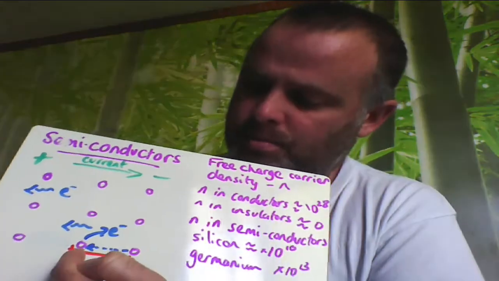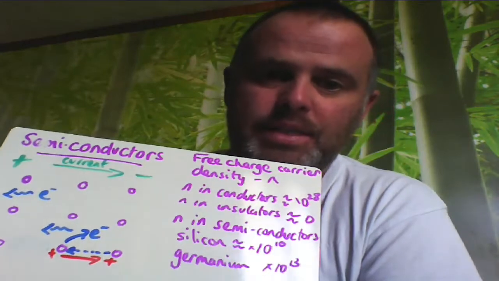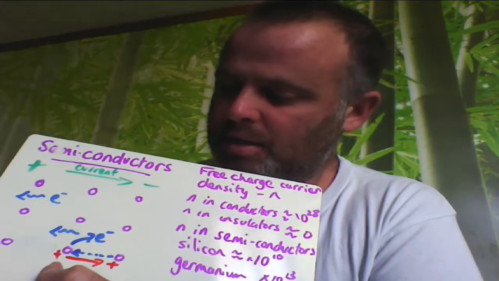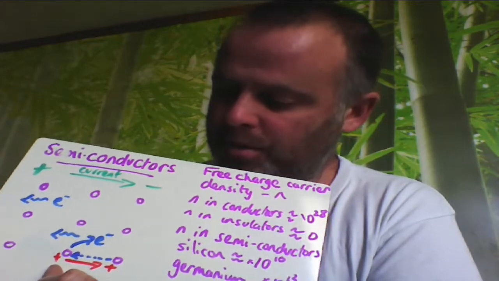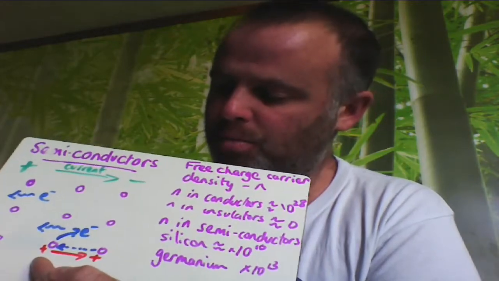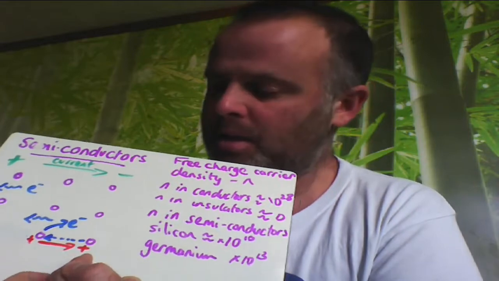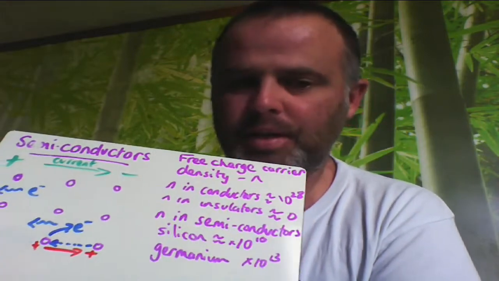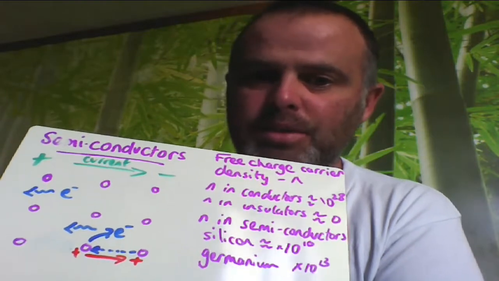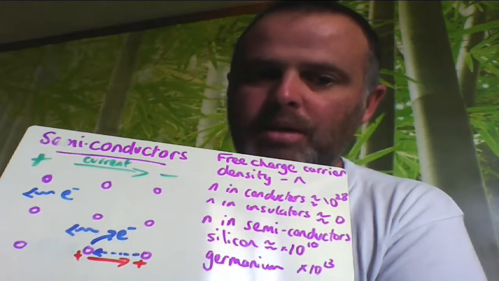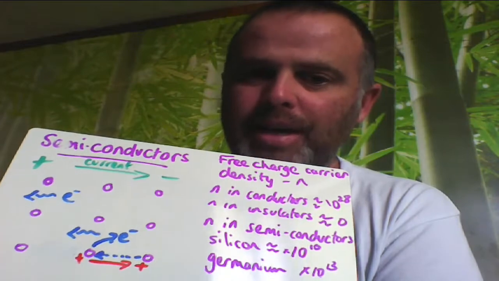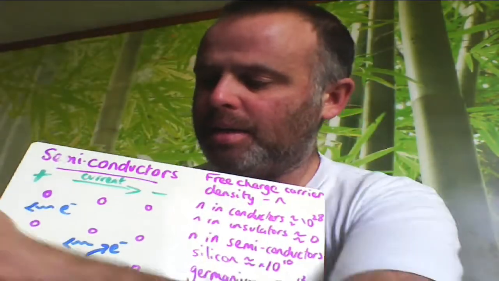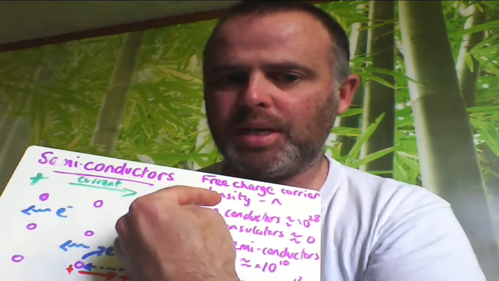positive hole, because it doesn't really exist, it's the lack of an electron in the lattice. So the positive hole caused by the lack of an electron will move that way, it will jump one place that way. So I can actually get the positive charge moving in the opposite direction, and that can carry charge around the circuit as well. So I get one more free charge carrier that carries the charge that way, and I get a positive hole that's carrying the charge that way.